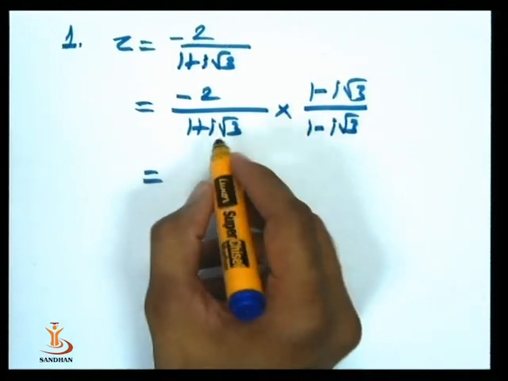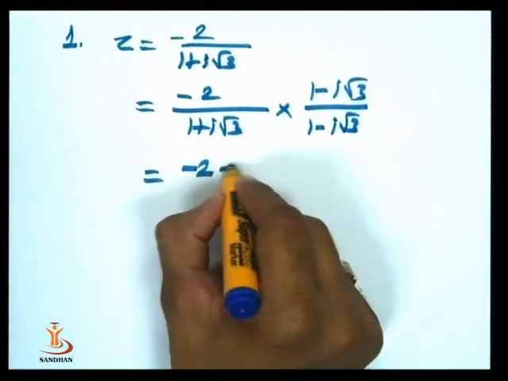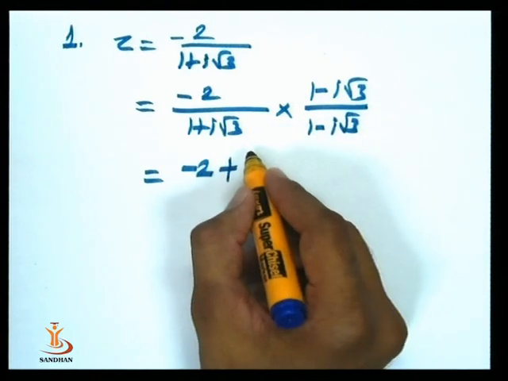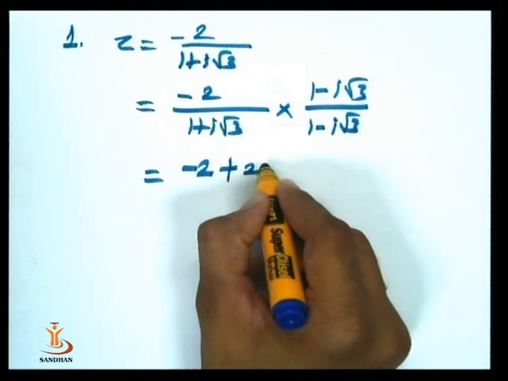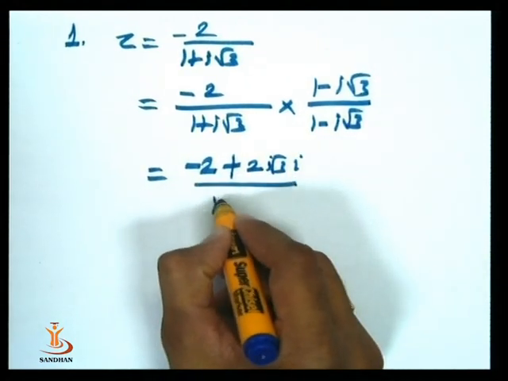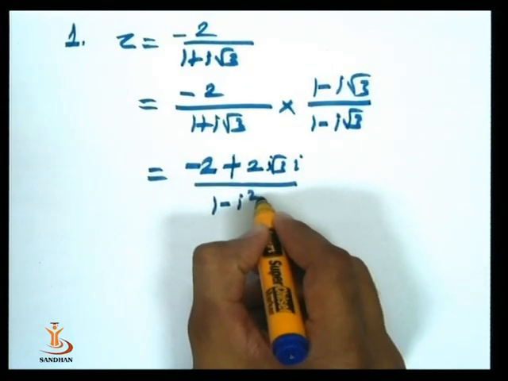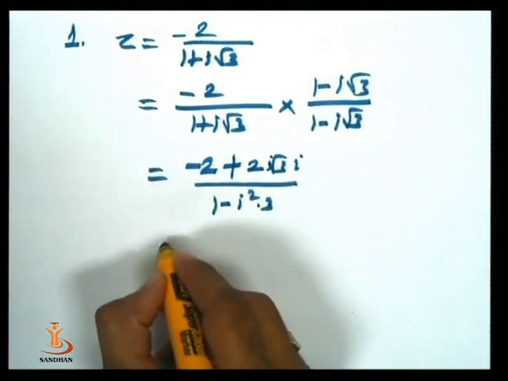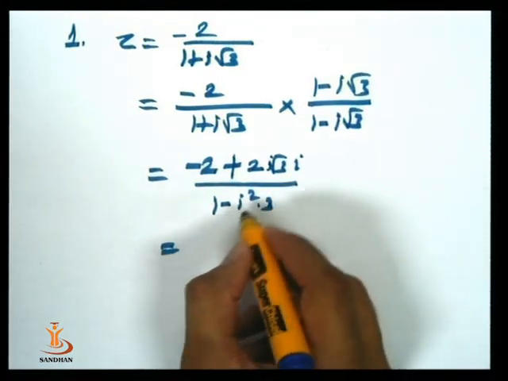So we will get minus 2 plus 2 root 3 times i upon 1 minus i square into 3. Now i square equal to minus 1.